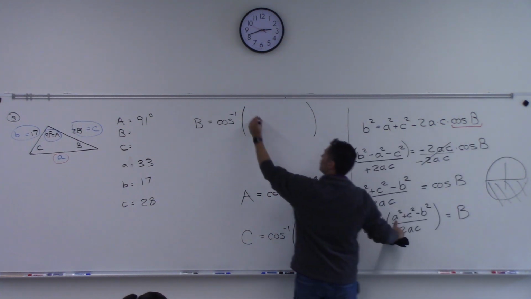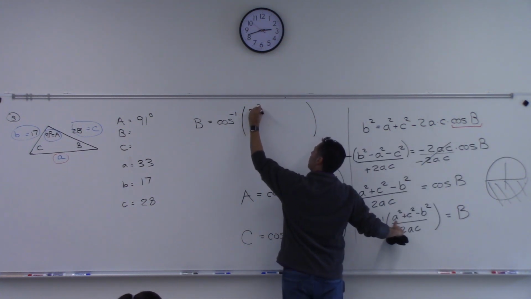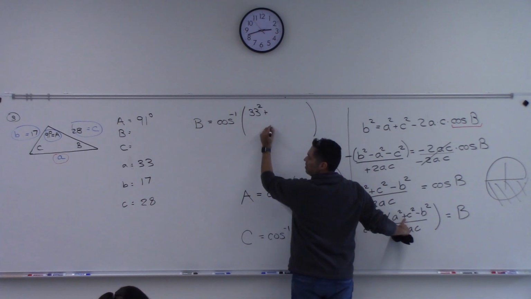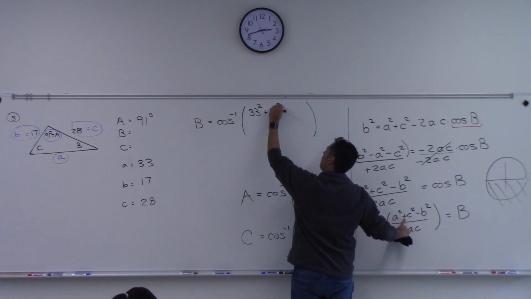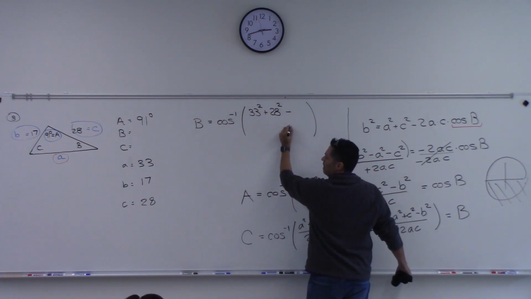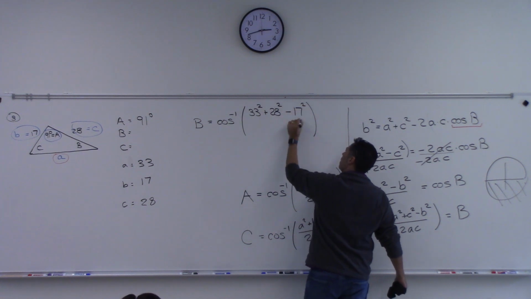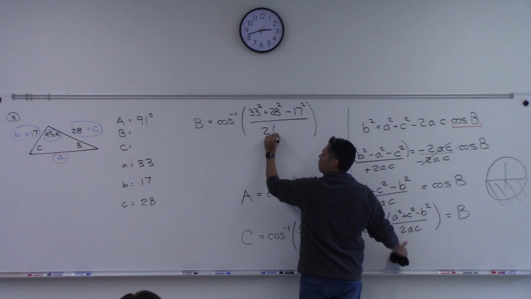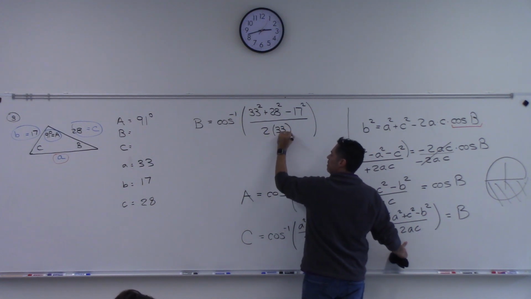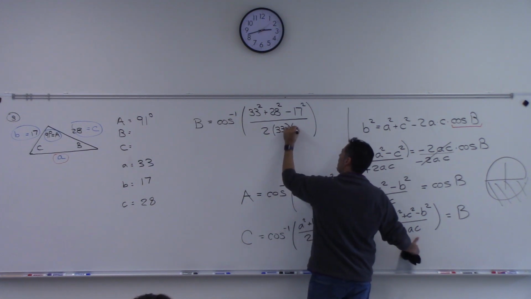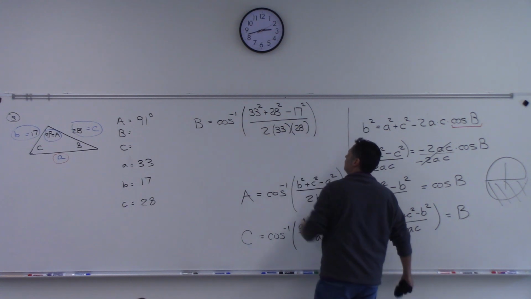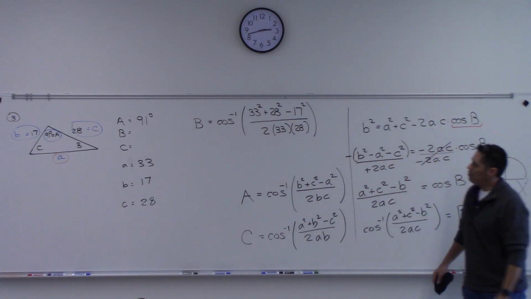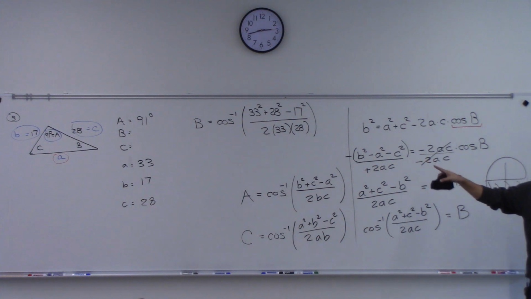So that's 33 squared plus C, which is 28 squared, minus B, which is 17, and then squared. Then all over 2 times A, which is 33, times C, which is 28. Any questions on where I got any of those numbers?